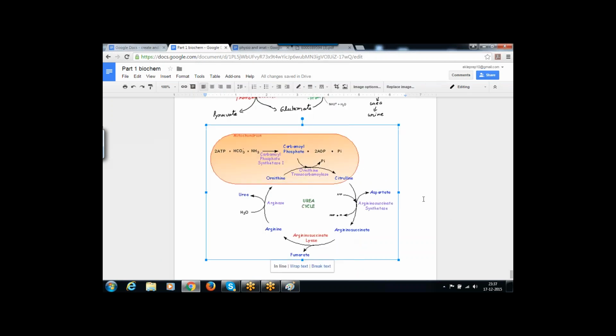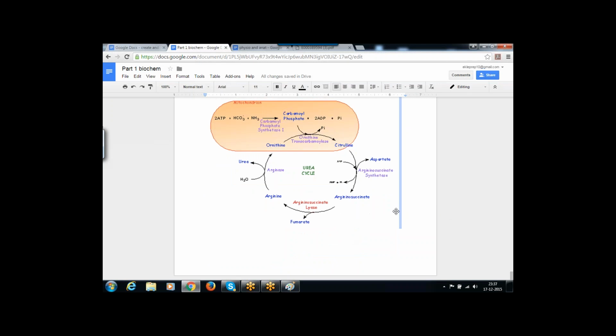So for that we have to study this urea cycle. Urea cycle, remember, occurs only in liver. One thing. Second, it occurs partly in mitochondria and partly in cytoplasm.